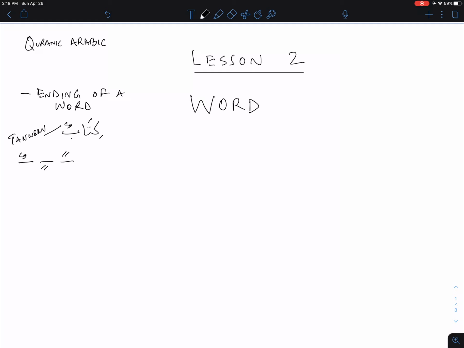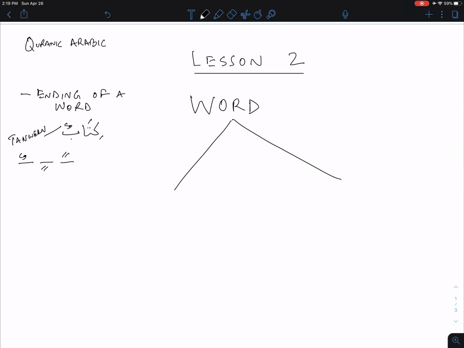In kitabun, the tanween at the end is the ending, and from the point of view of the ending, the word is described in 2 major categories. One is, we're going to call it, declinable, and indeclinable. Declinable in Arabic is known as mu'rab, and indeclinable is known as mabni.